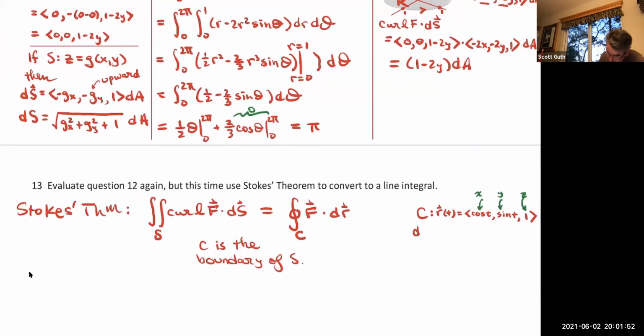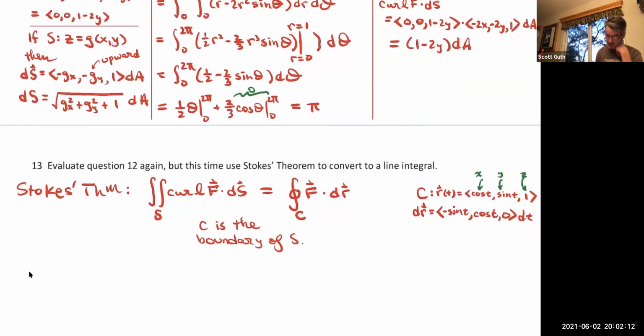So dr is going to be negative sine t, cos t, and 0 dt. Okay, any questions?